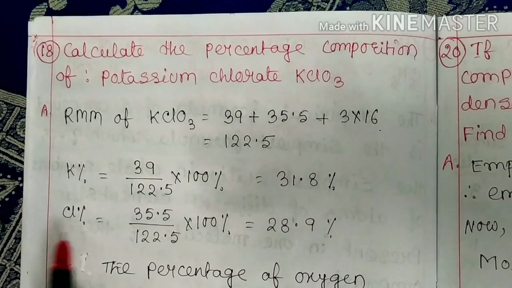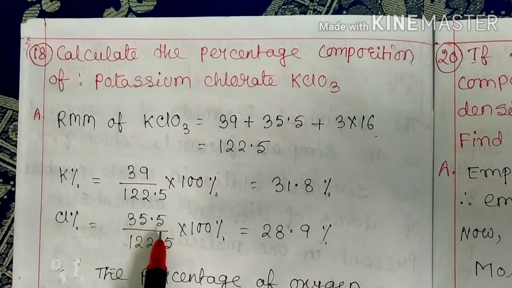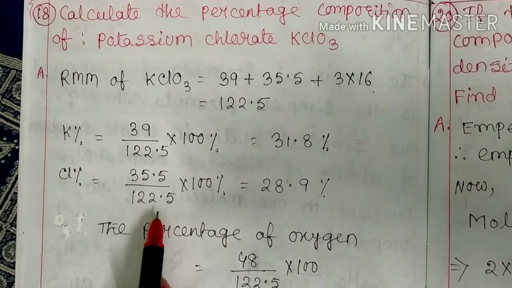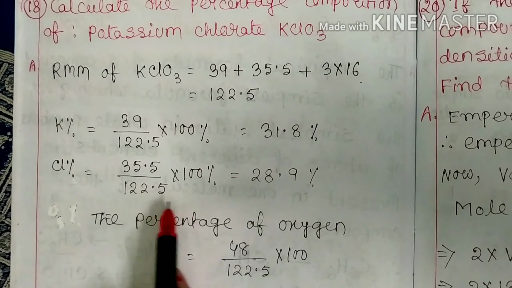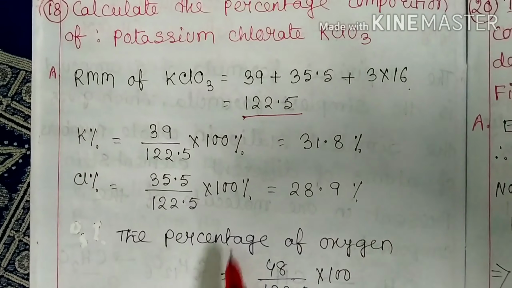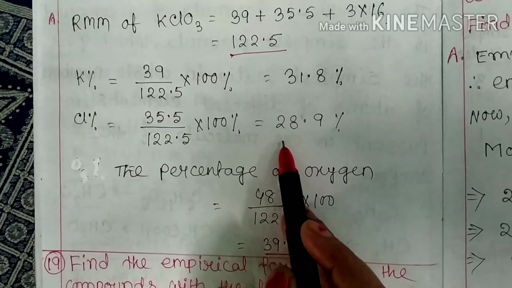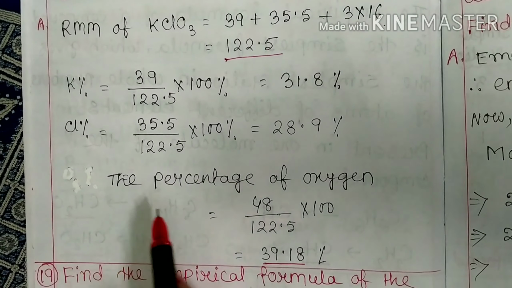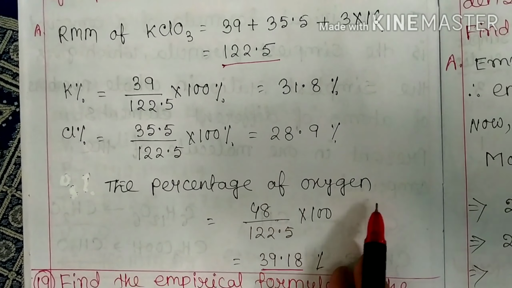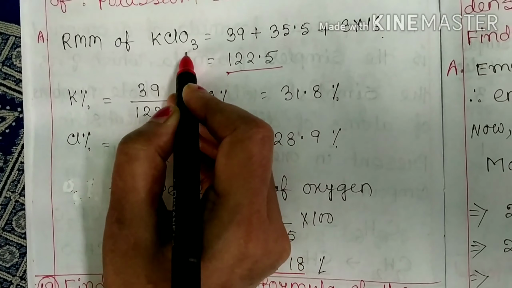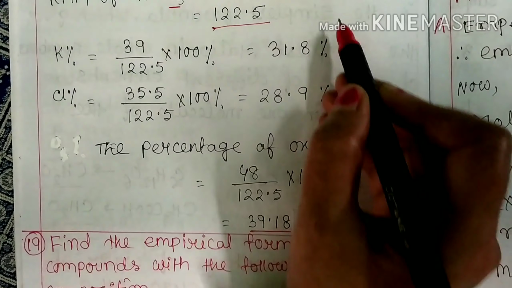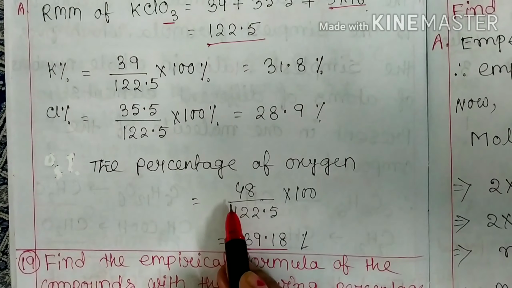So the mass number of the element equals to 35.5 and the molar mass of the compound equals to 122.5. Here 35.5 by 122.5 into 100% equals to 28.9%. Therefore the percentage of oxygen, here 3 oxygen atom present. So the mass number of oxygen equals to 3 into 16 equals to 48.